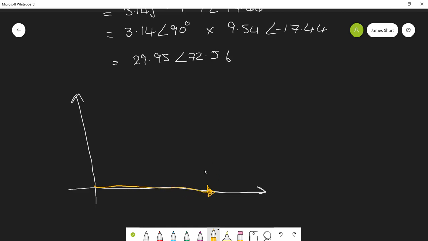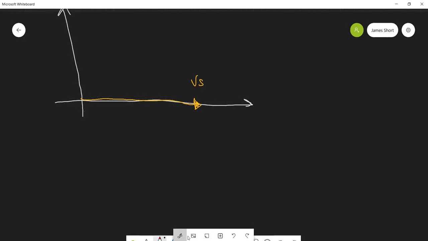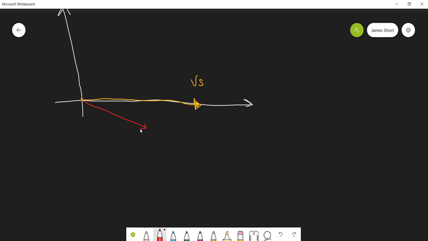So we've got Vs. We've also got, so we'll draw the supply current now, and that's at negative 17.44. So I'll draw that in red. Just say for intents and purposes that's negative 17.44.